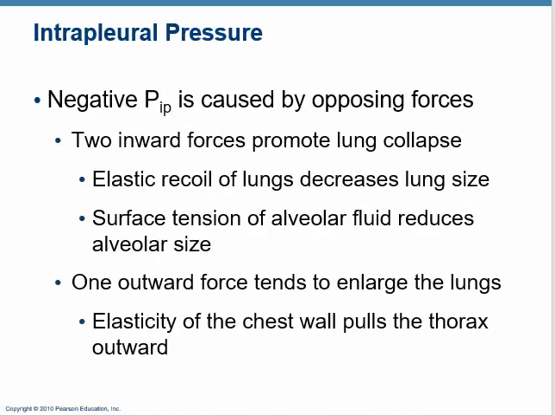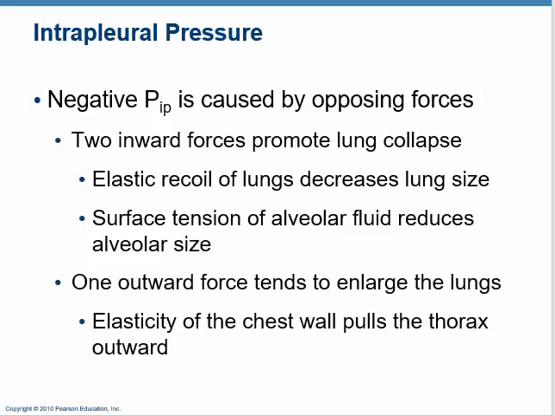So what's going to cause this intrapleural pressure being a little bit lower than intrapulmonary pressure is a bunch of factors. The lungs are always trying to get smaller. They are made of elastic tissue, and so they will get smaller just because of that elasticity. Plus, there is surface tension.